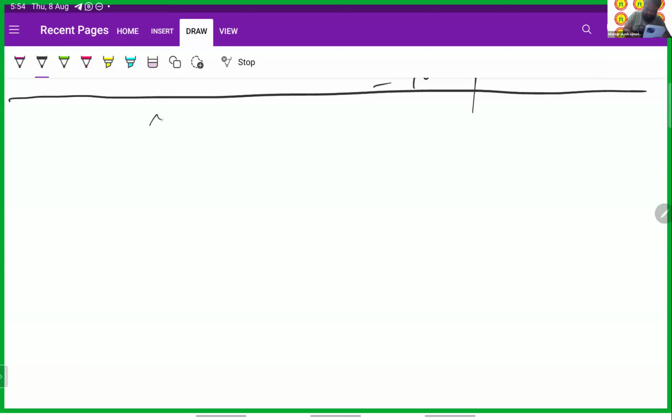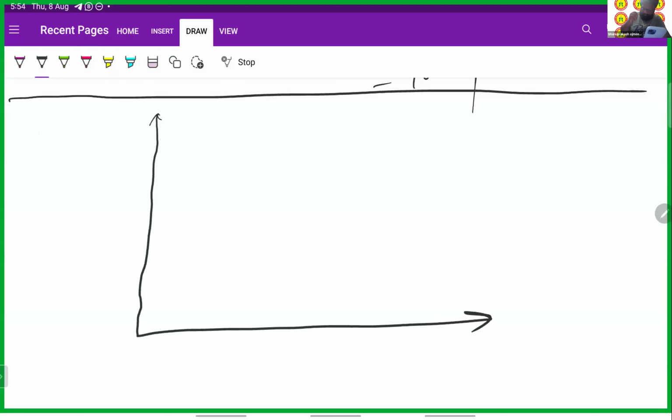So this is a graph. The X-axis shows hours of TV watched per day. Don't get confused; this indicates per.